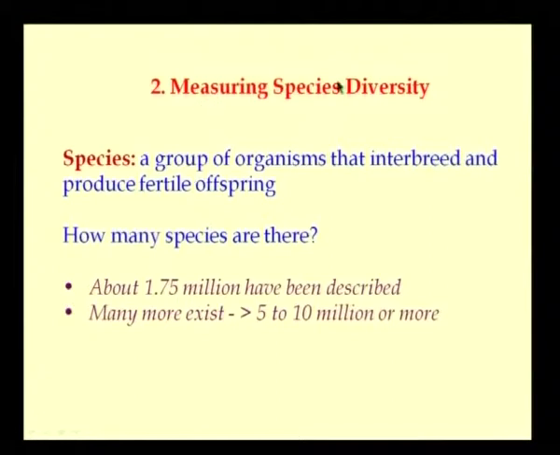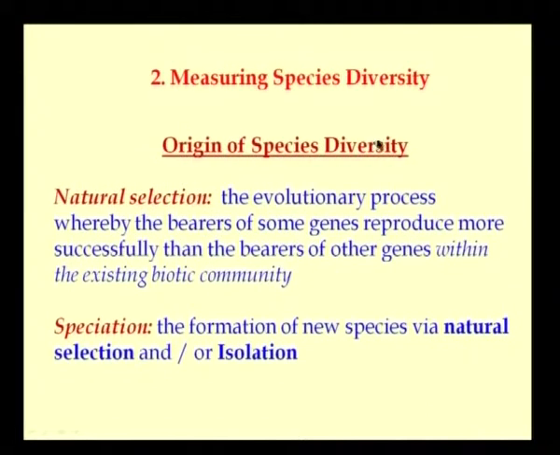So, we are looking at species diversity. How many species are there? I mean, we know that about 1.75 million have been described, and many more exist, that is greater than 5 to 10 million or more. So, what is the origin of species diversity?